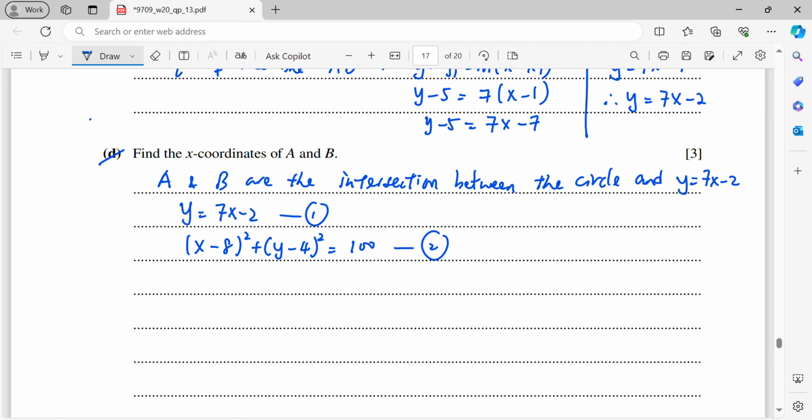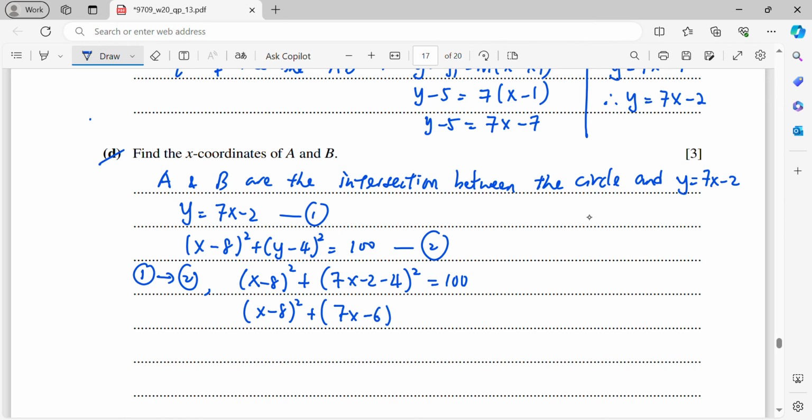Now to solve these two simultaneous equations, I will substitute y into the circle equation. So I will get x minus 8 squared plus 7x minus 2, that is my y, then minus 4, squared, equals 100. Then I get x minus 8 squared plus 7x minus 6, squared, equals 100.